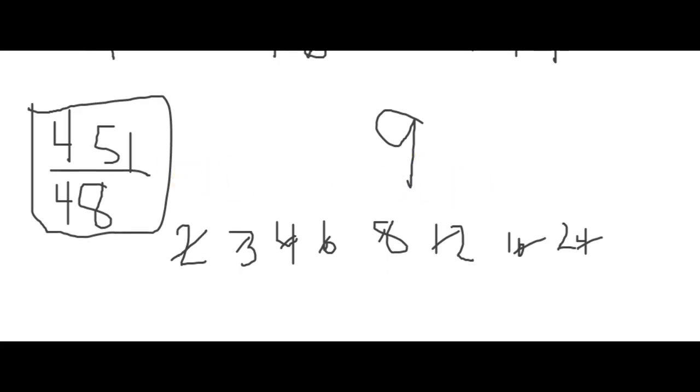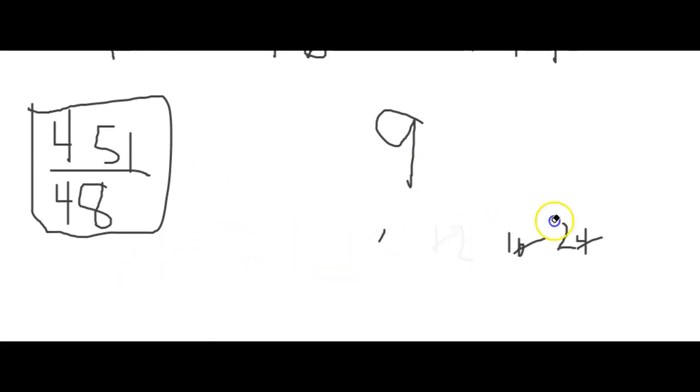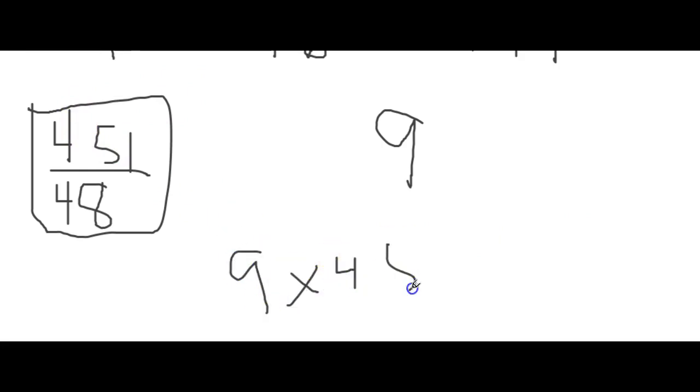So let's erase these numbers down here so you guys can really see what I'm doing. Okay, so 9 times 48. That gives you 432.